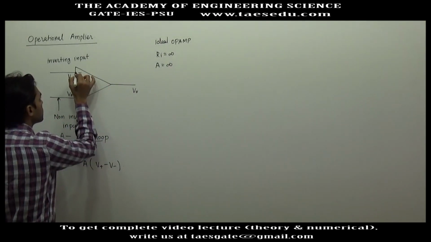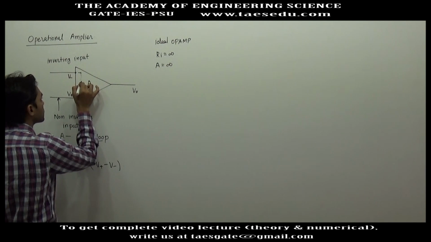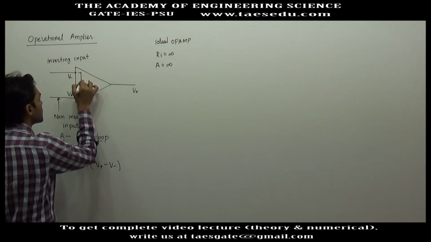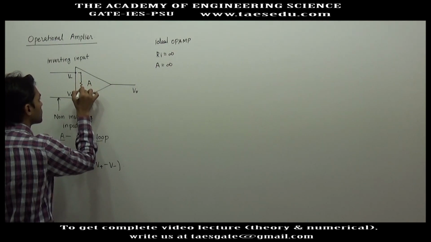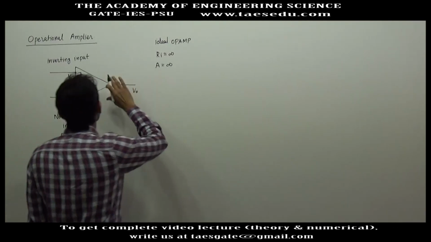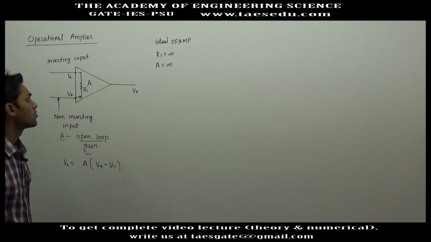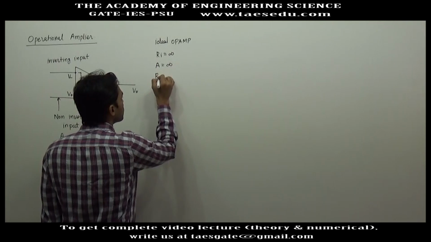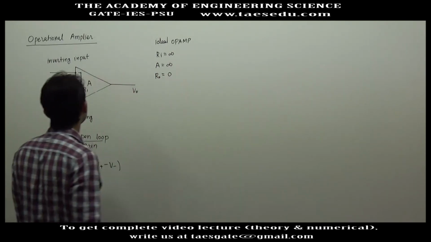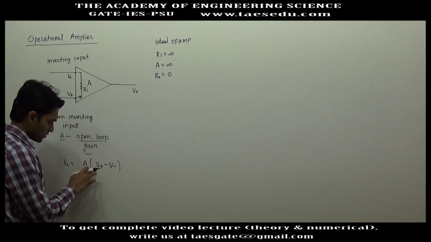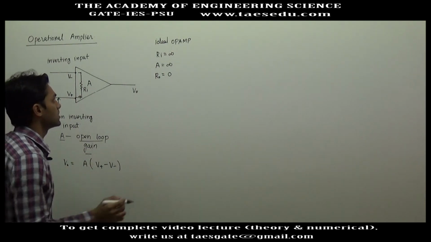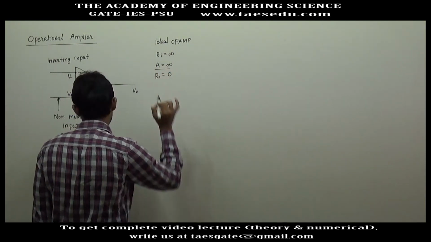Each amplifier has some input impedance, which we will represent as Ri, and each amplifier also has some output impedance. The output impedance of an ideal op amp will be 0. So what we studied in the previous lecture is that in the ideal case its gain is infinite.